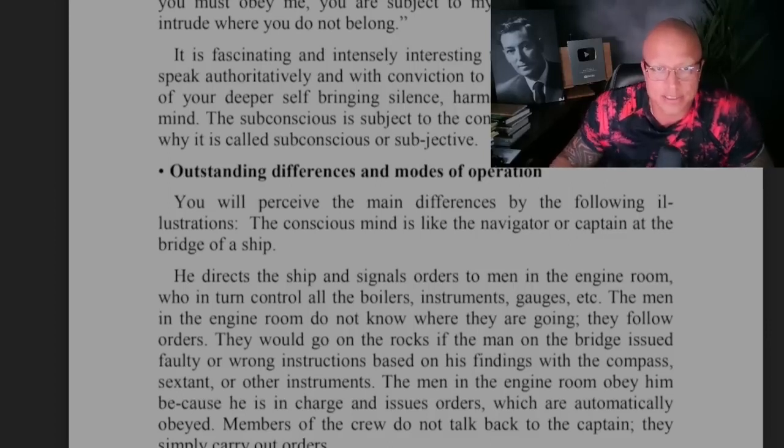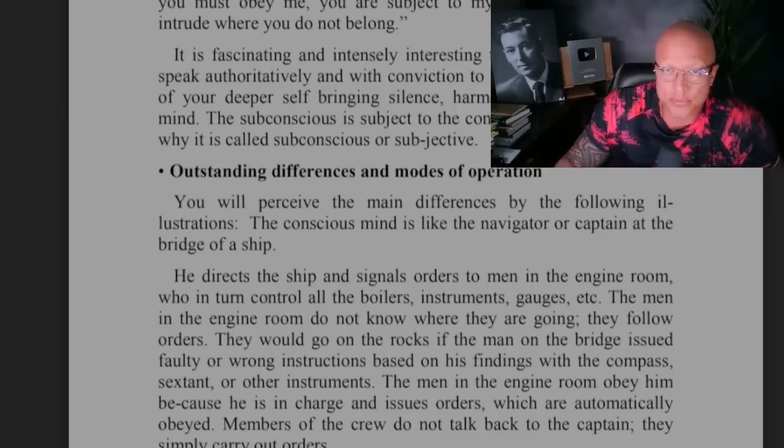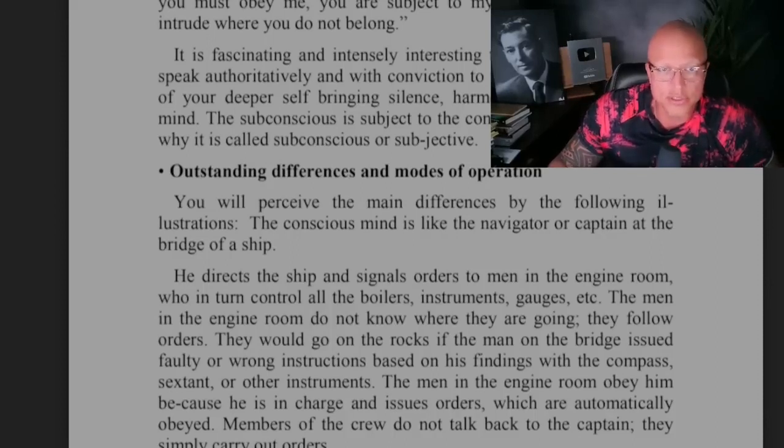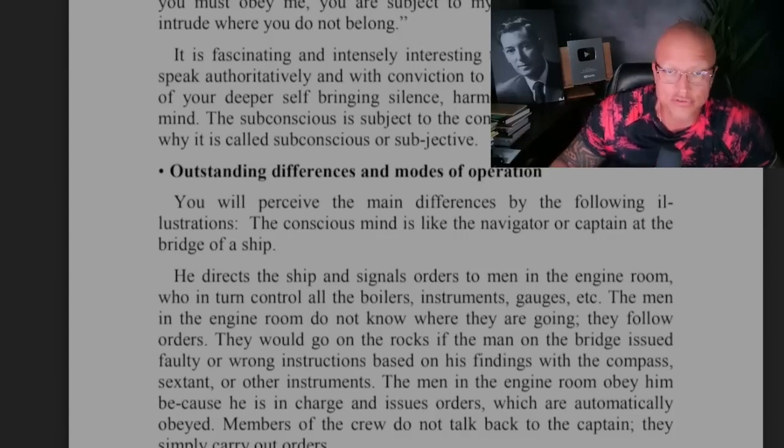He directs the ship and signals orders to men in the engine room, who in turn control all the boilers, instruments, gauges, etc. The men in the engine room do not know where they are going. They follow orders. They would go on the rocks if the man on the bridge issued faulty or wrong instructions based on his findings with the compass, sextant, or the other instruments.